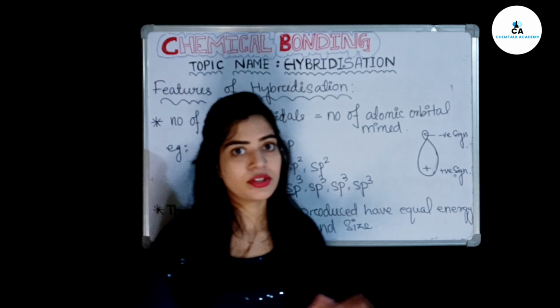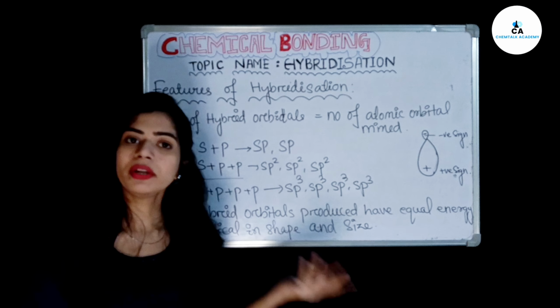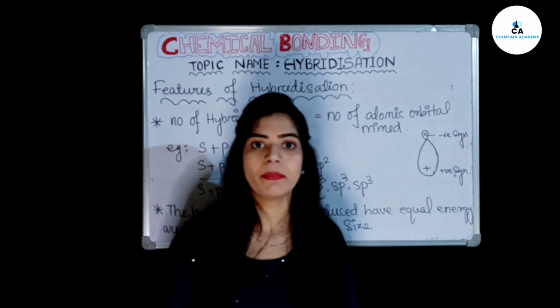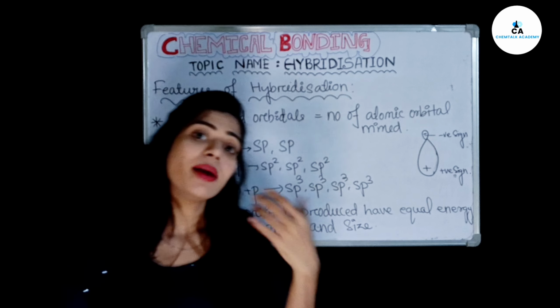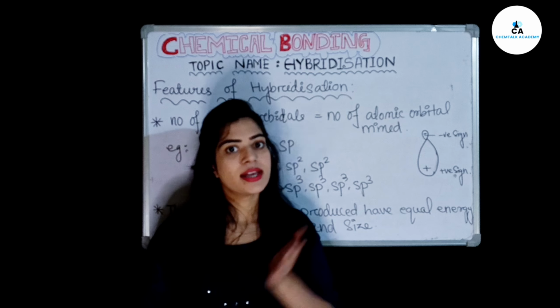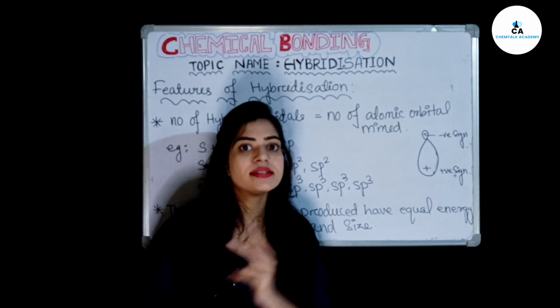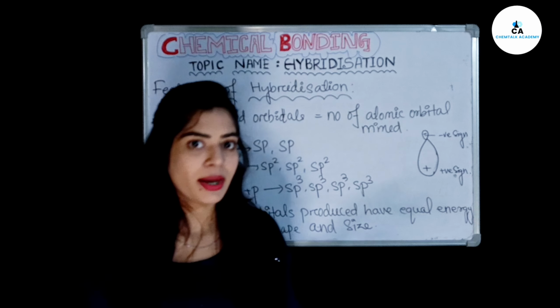Next we will see the varieties of hybridization, or the types of hybridization. We have so many orbitals like s, p and d orbitals, so hybridization will also be of various types. If we mix one s and one p, it will be sp hybridization. If we intermix one s and two p, we get sp2 hybridization.